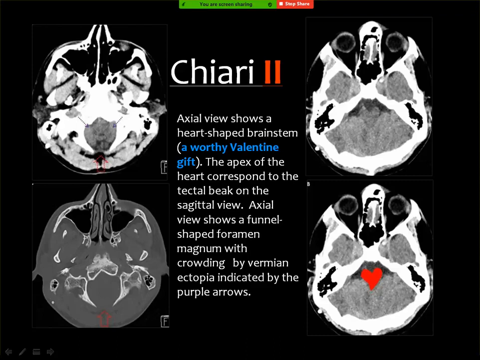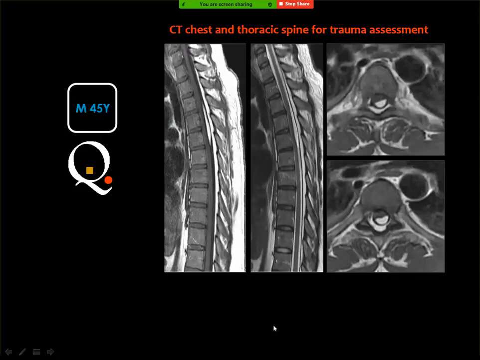And this is one of the signs, as mentioned in the literature, known as the Valentine gift, where you see that the brainstem looks heart-shaped. And this is because of the downward traction on the tectum of the brain due to herniation of the fourth ventricle. Okay, what do you think of this case?